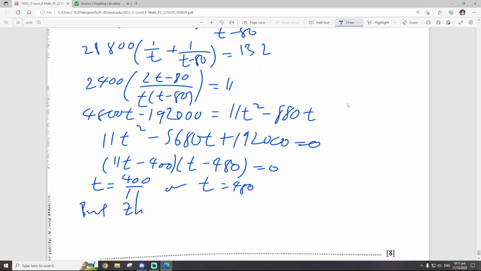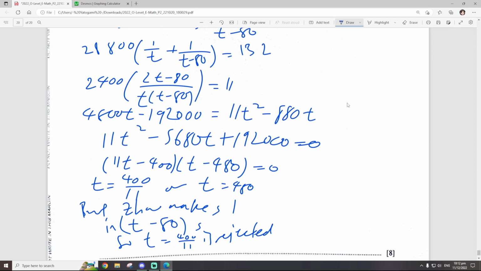But Zhu makes one in t minus 80 seconds, so t equals 400 over 11 is rejected, because this is less than 80. Because 400 over 11 is clearly less than 400 over 5, which is 80. So if you took this value, then you would say that Zhu makes one necklace in a negative time, which doesn't make sense. So t equals 480 must be it.